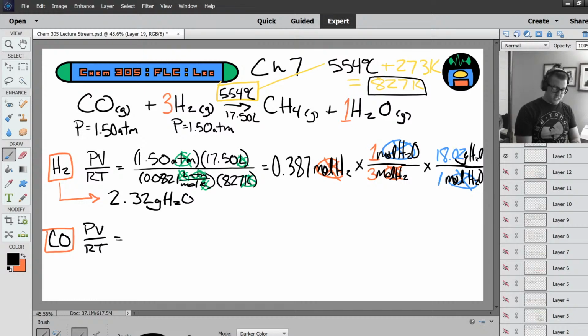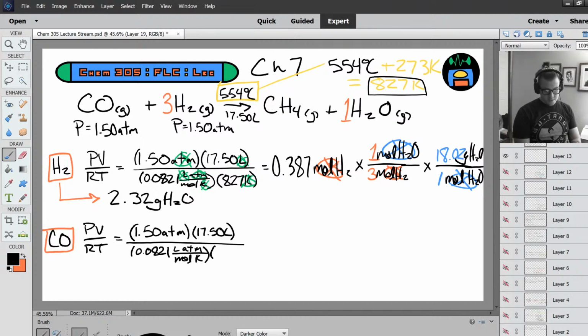So again, we're rolling with the same thing. Pressure, 1.50 atmospheres, times volume, 17.50 liters, divided by R, which is 0.0821 liter atmospheres per mole Kelvin, times 827 K.